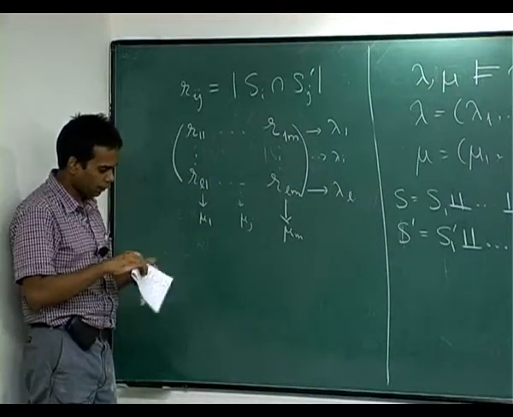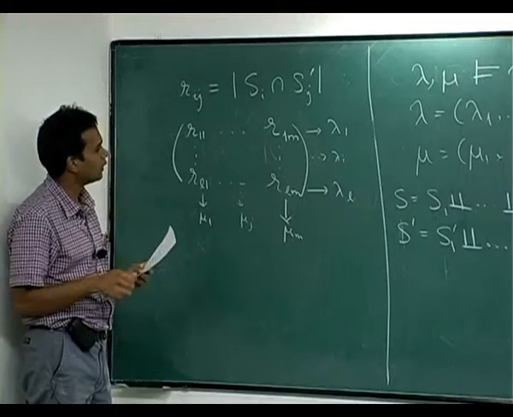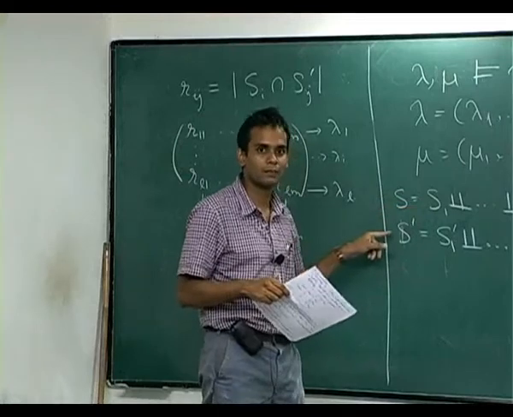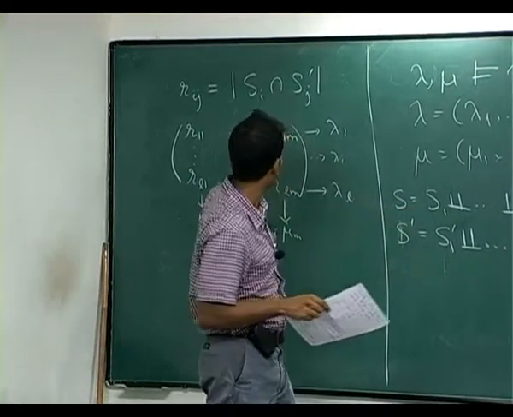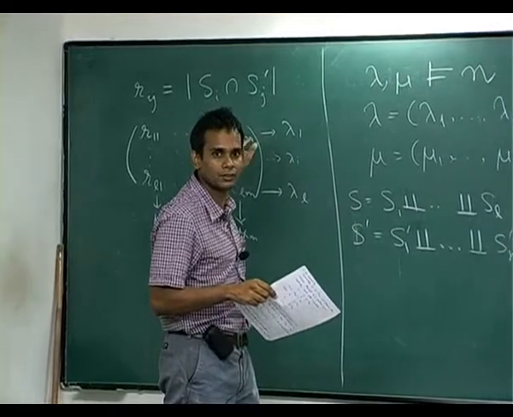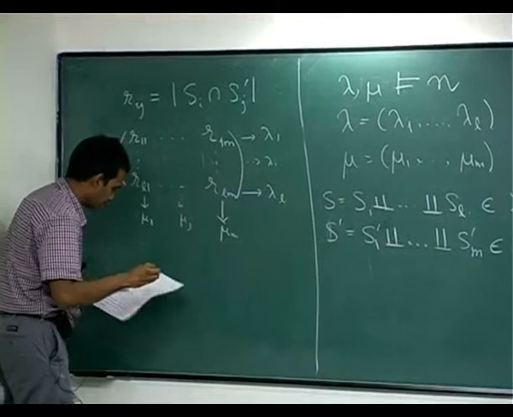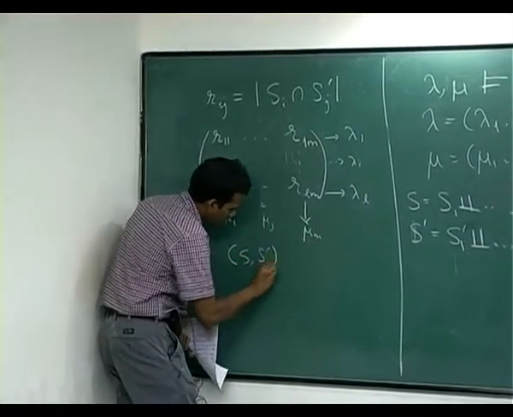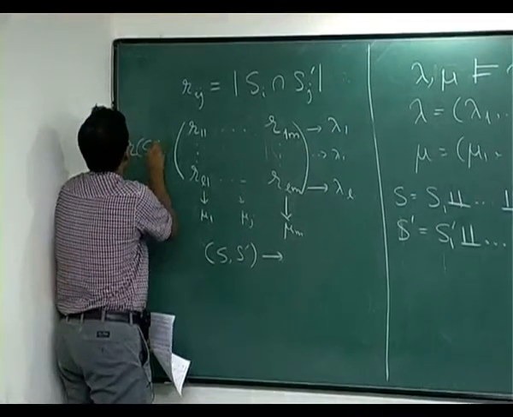Okay, now I want to claim that this is actually a bijection. That is, if you simultaneously permute S and S prime by some permutation, then these cardinalities will not change. So you take S comma S prime to, let's call this matrix R of S comma S prime.